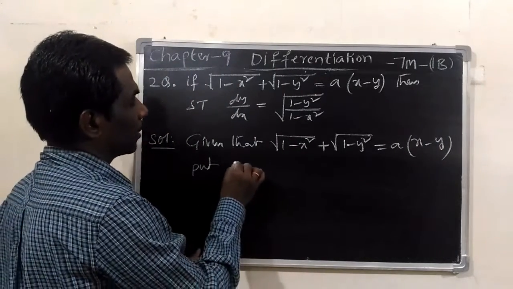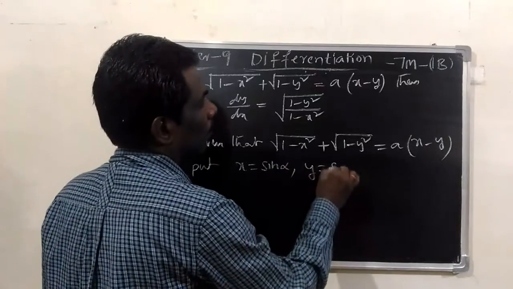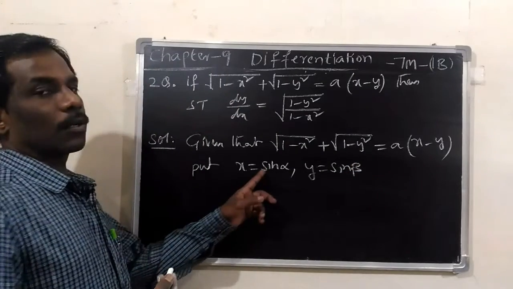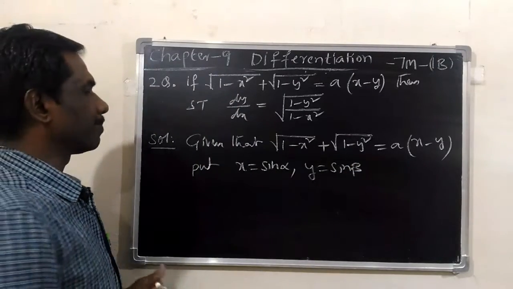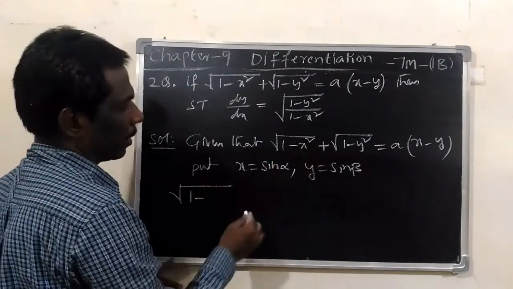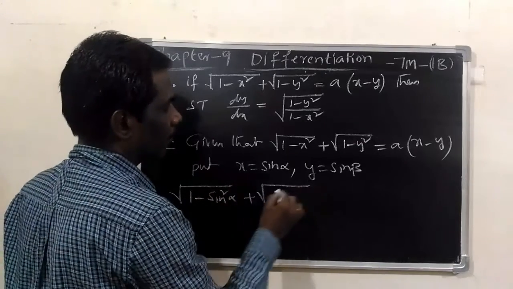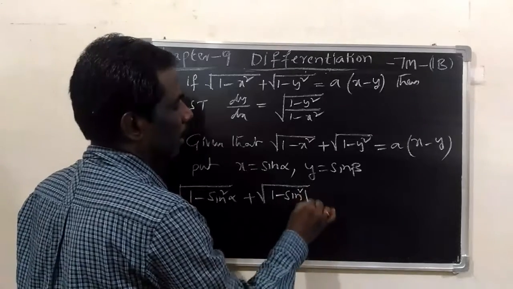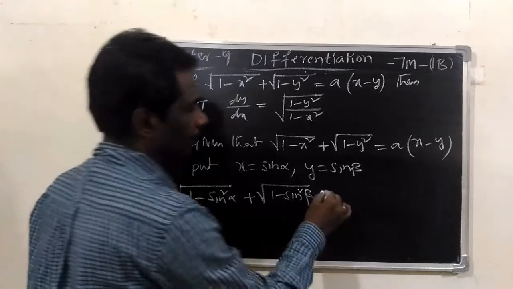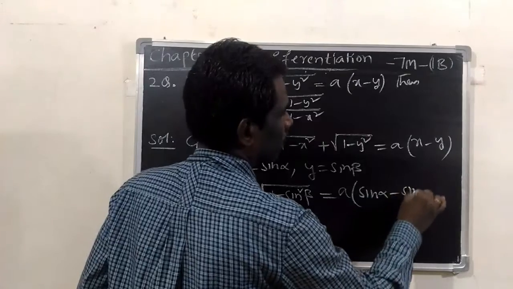Now put x = sin α and y = sin β. Right, √(1 − x²) means what? √(1 − sin²α) + √(1 − sin²β). I am substituting sin α in place of x and sin β in place of y. This equals a times (sin α − sin β).